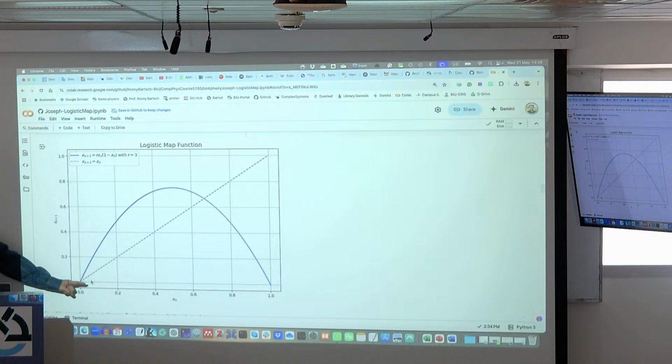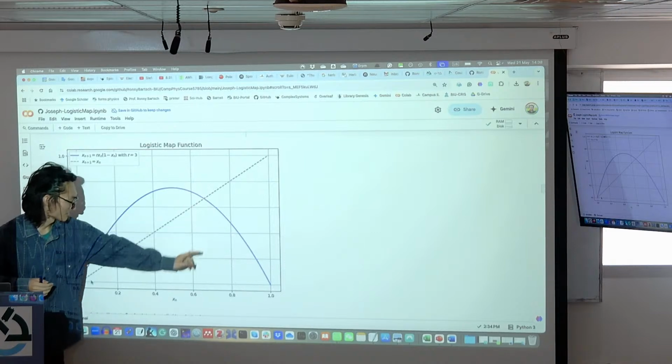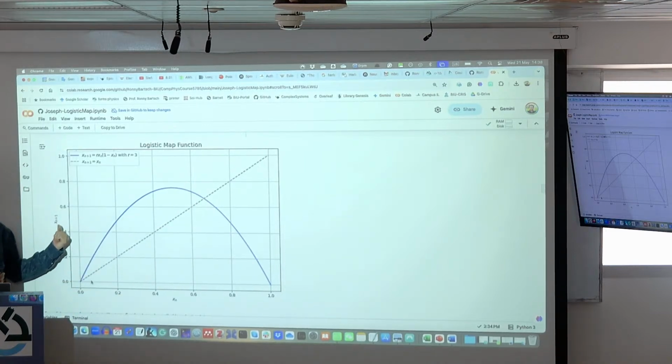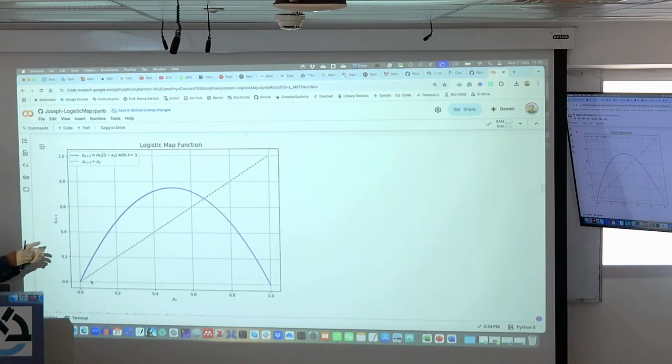If you put xn at 0, xn plus 1 will be 0, and so on and so on, all the x will be 0. Or you get this point, where xn equals xn plus 1. If you go to this point, x1 will be this value, and also xn plus 1, and so on. This is another stable point.